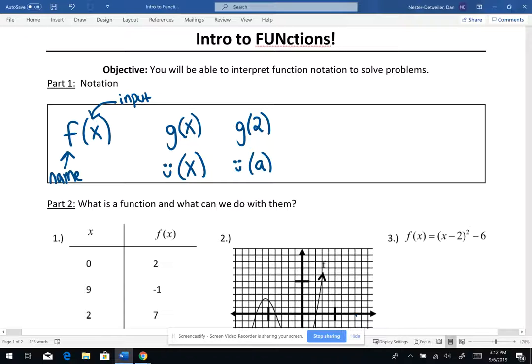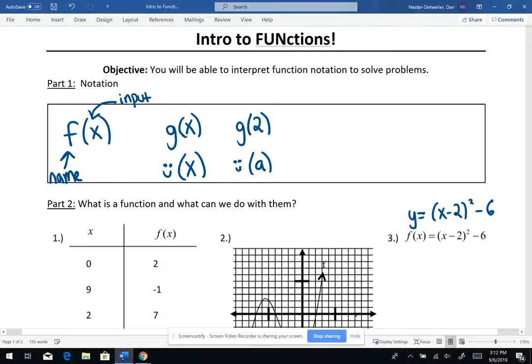You pronounce it f of x. Whatever's in parentheses as your input is the most important piece of information here. When you say f of x, you're telling me that the equation is a function. So if you look at number 3, when we say f of x equals (x minus 2) squared minus 6, oftentimes you've seen that before as y equals (x minus 2) squared minus 6.